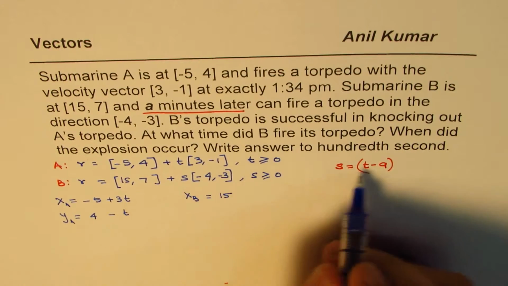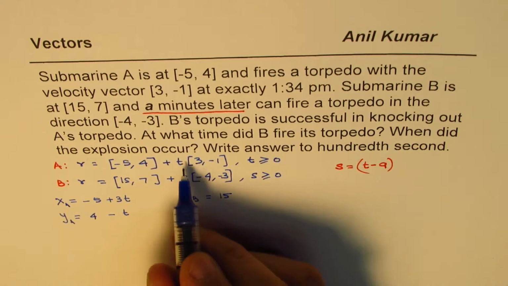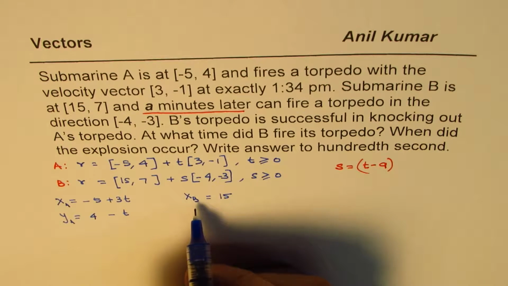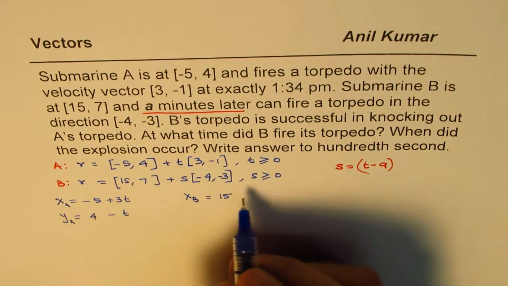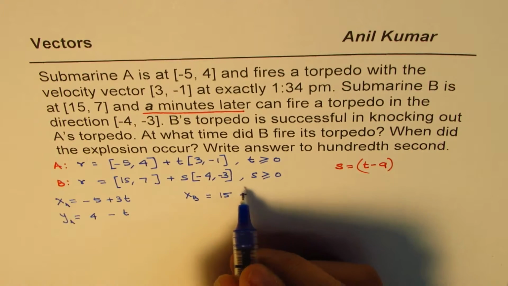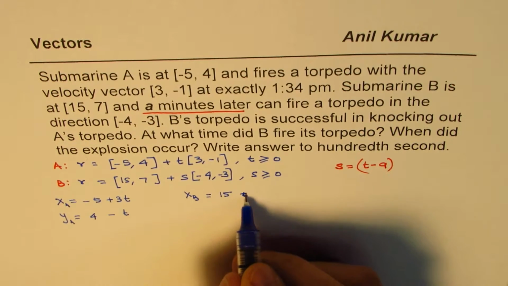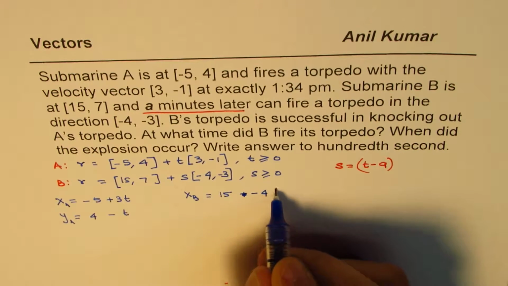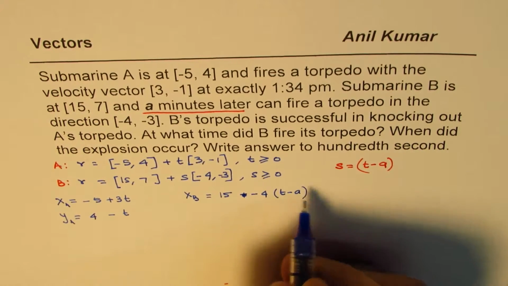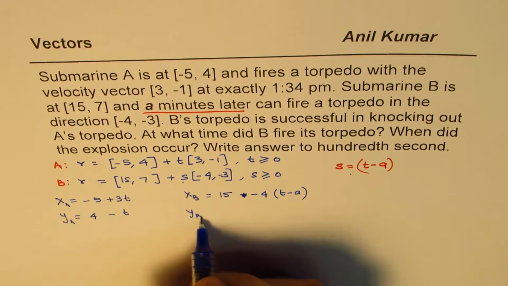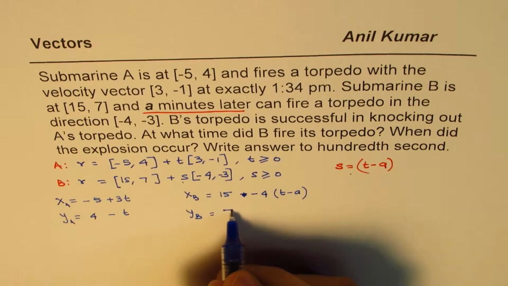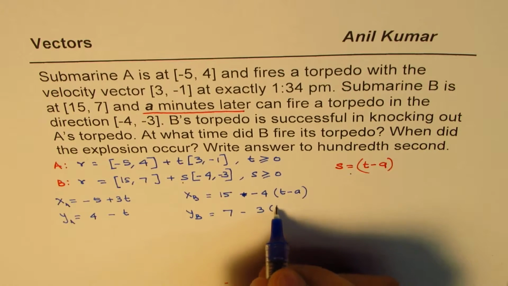Instead of S, if I use t minus a, then we get the same parameter and we can actually find the value of t. So xb equals 15 plus (-4) times (t minus a). Does that make sense to you? So S I am replacing with t minus a, and yb equals 7 minus 3 times (t minus a).